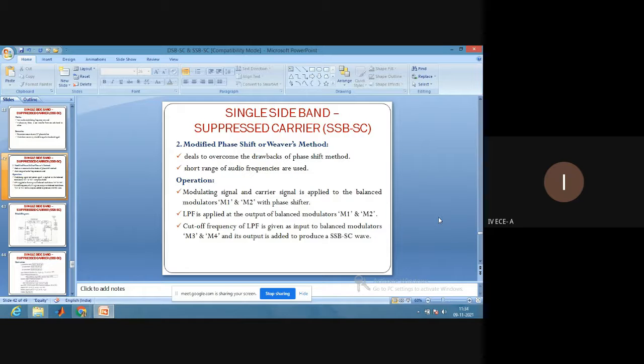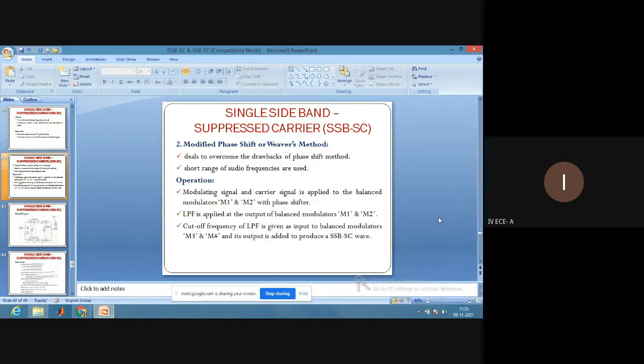The next method is the modified phase shift method, or Weaver's method. It is designed to overcome the drawbacks in the phase shift method. Let us discuss the operation of this type of modulator. The modulating signal and carrier signal are applied to the balanced modulators M1 and M2 with phase shifter.